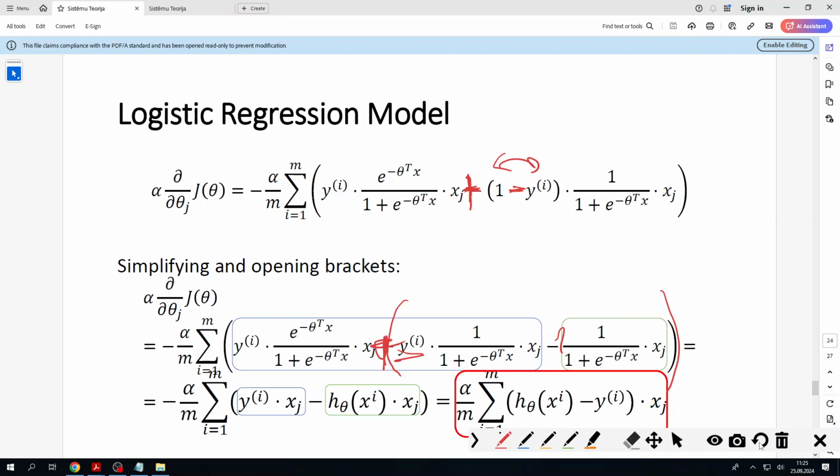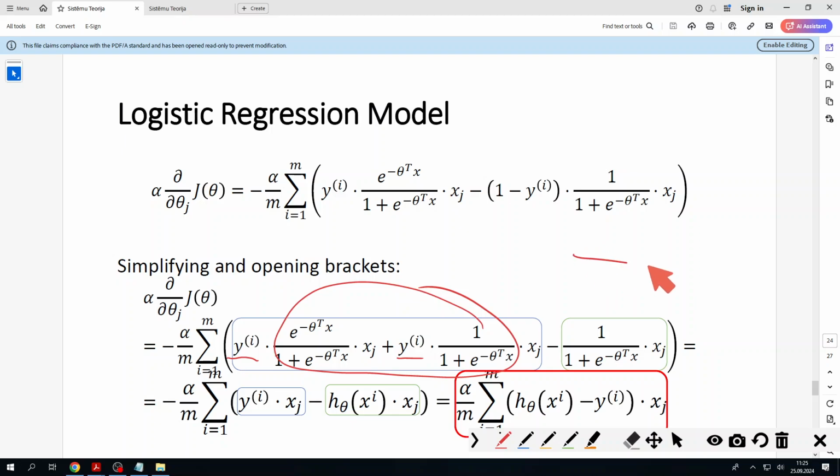And then we can see that now we have yi here, you have yi here, and we can merge them together. Merging them together will give you, well, not 1, but let's write in the same order as it was, e to the minus theta transpose x plus 1.